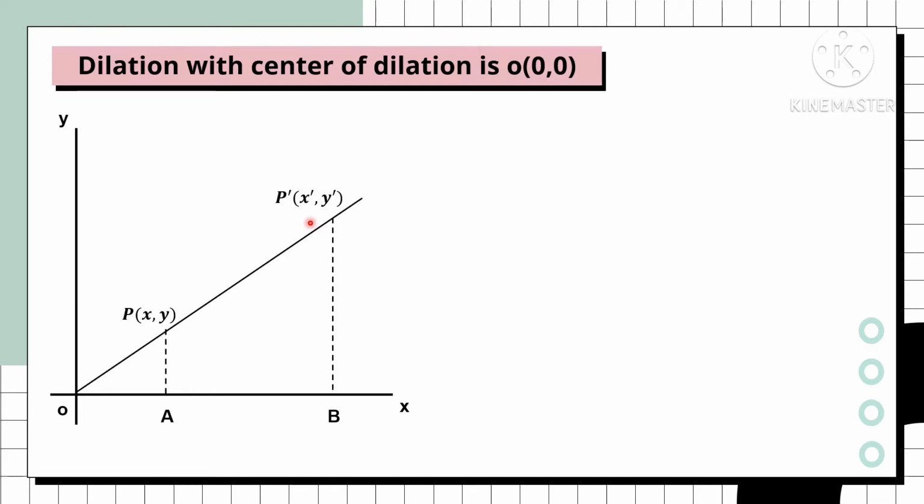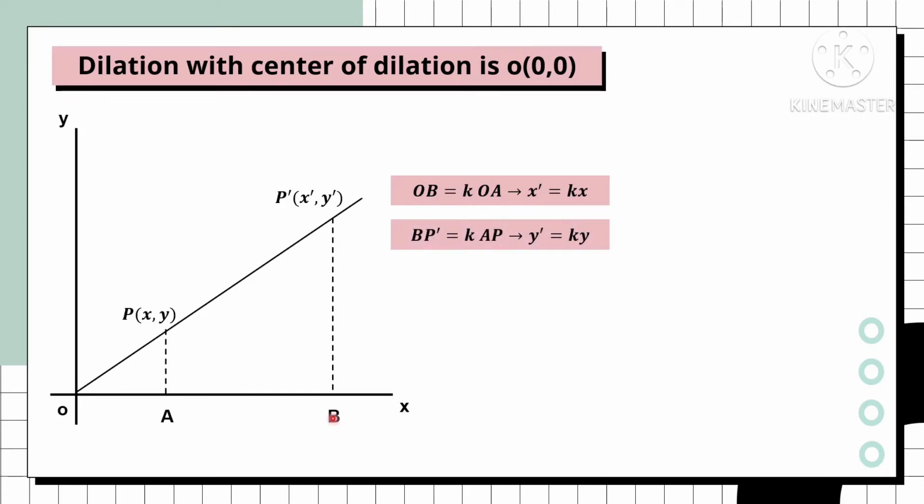In this Cartesian graph, the distance from point O to point B, written as OB, equals k times OA. So, x prime is equal to k times x, where k is the scale factor. Then, BP prime is equal to k times AP. So, y prime is equal to k times y.